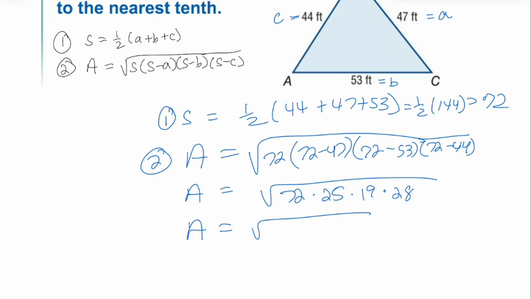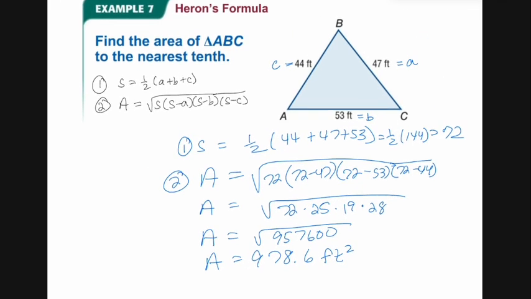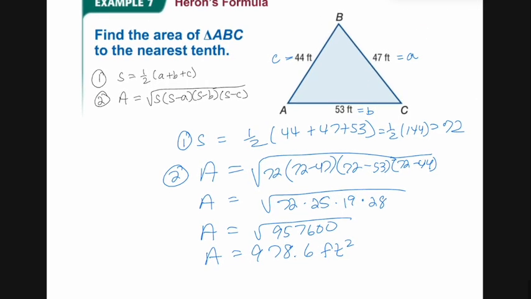You can enter that into a calculator. It is 957,600. And if you take the square root of that value, you get that the area is 978.6 square feet. And if they've provided units, please provide units yourself.